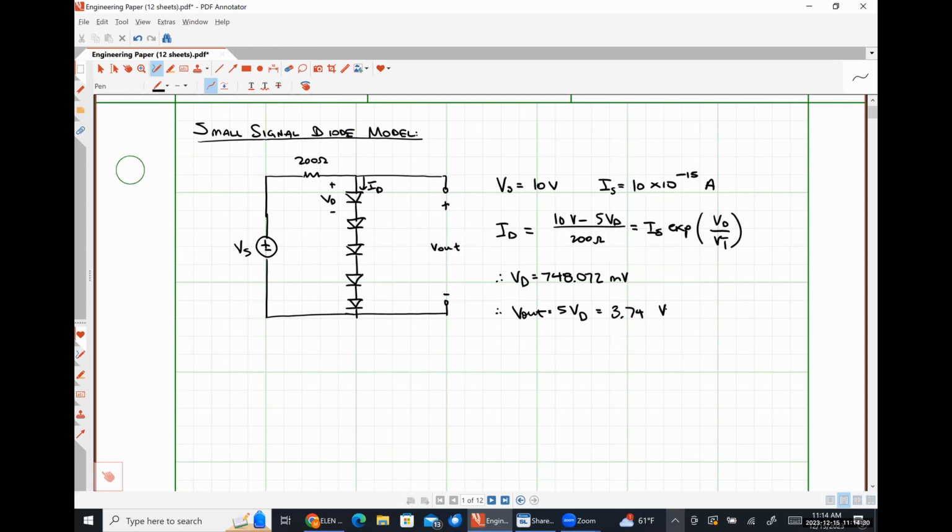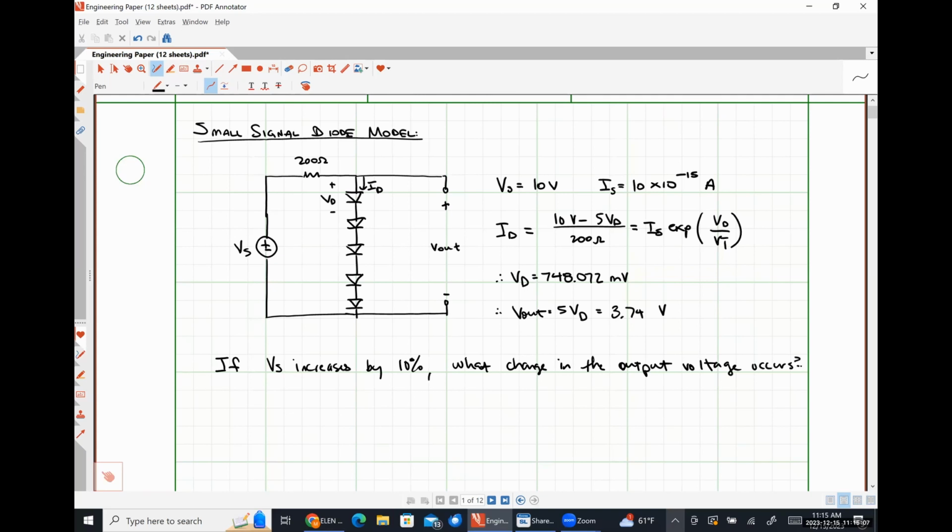So what would happen if we change the power supply voltage by increasing it by 10%? Let's say Vs increases by 10%, what change in the output voltage occurs?